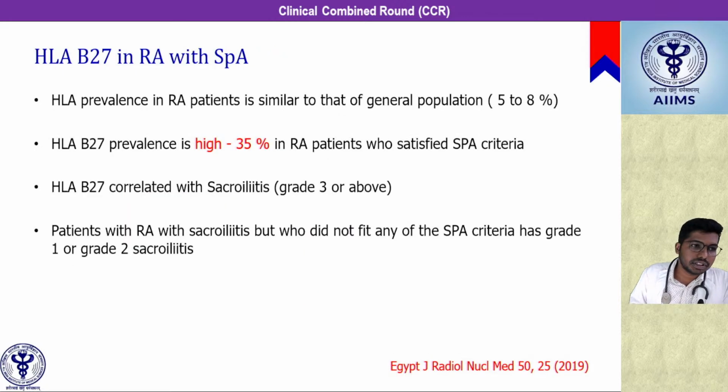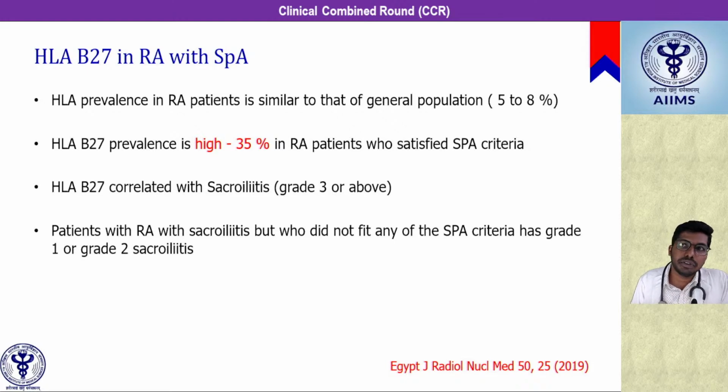So why was there a huge difference, 2% in the first study and nearly 20% in the second study? This can be explained by the prevalence of HLA-B27. The HLA-B27 prevalence in rheumatoid arthritis is similar to that of the general population, meaning that HLA-B27 doesn't influence the RA. However, in the case series presented second, the prevalence of HLA-B27 is 35%, which is nearly 6 to 7 times higher when compared with the general population or a normal cohort of RA population.